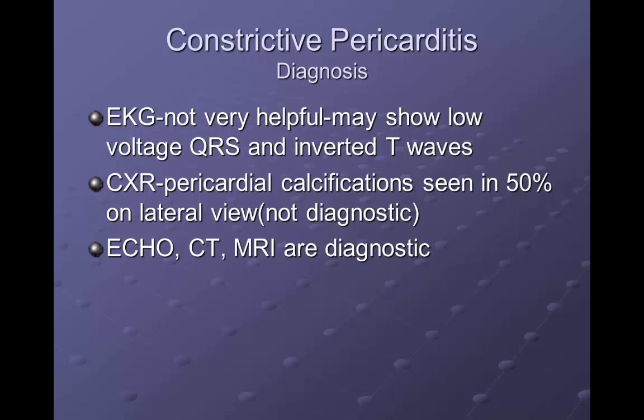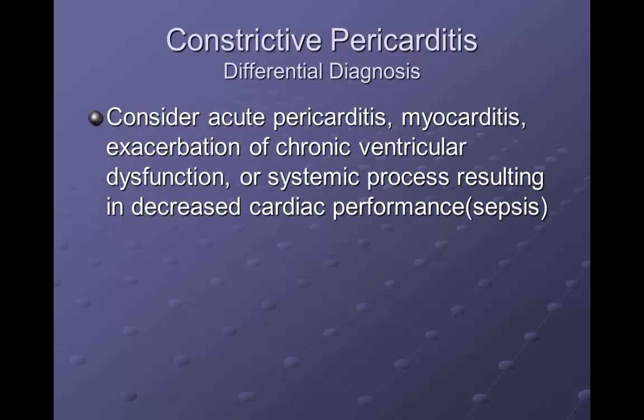Chest X-ray, even though it's not helpful, could show calcifications, and you could see other findings such as pulmonary fibrosis, for example, due to underlying pathology. Echocardiogram should be done, as well as CT of the chest and CT of the heart, to be able to see the fibrotic tissue.